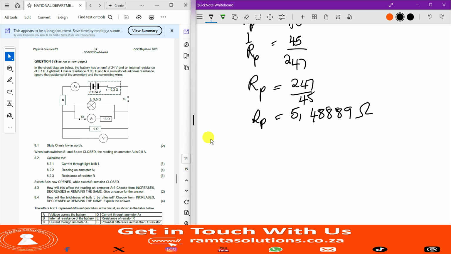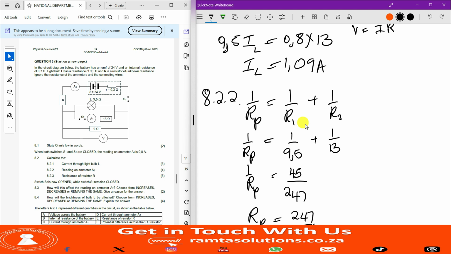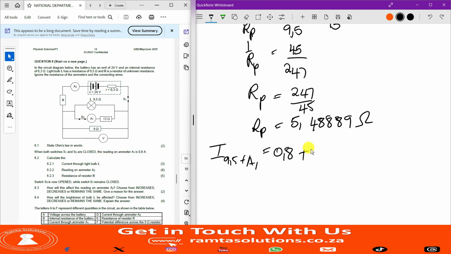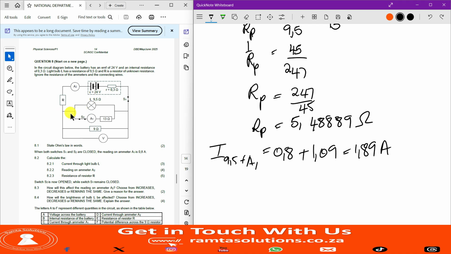So the current through 9.5 and A1 is 0.8 plus the one we calculated, which was 1.09, plus 1.09. So what is this? It is 1.89 amperes. This is the current that's flowing here.